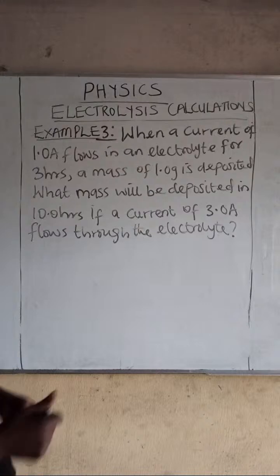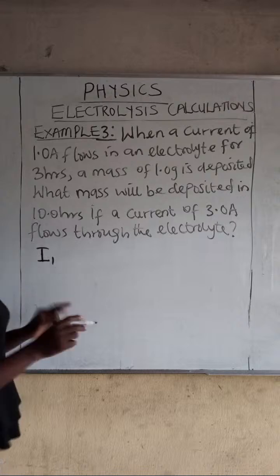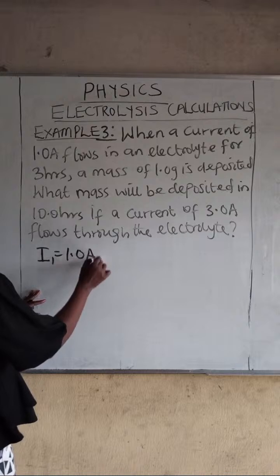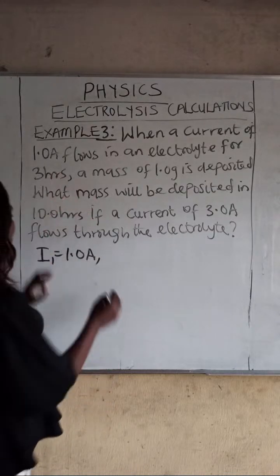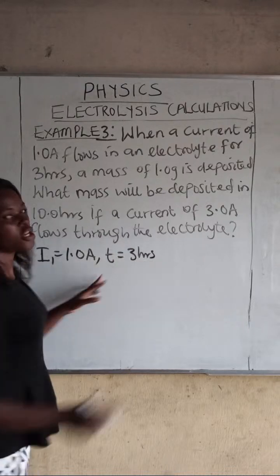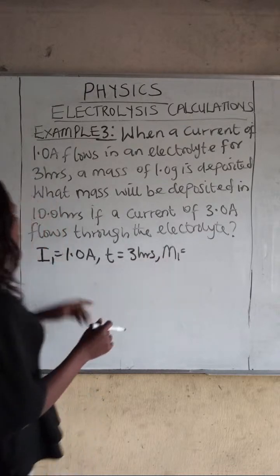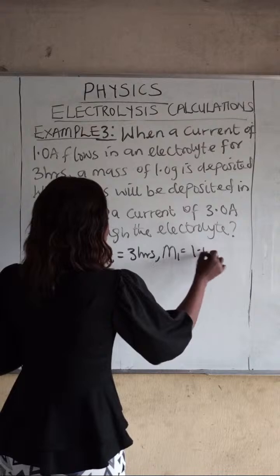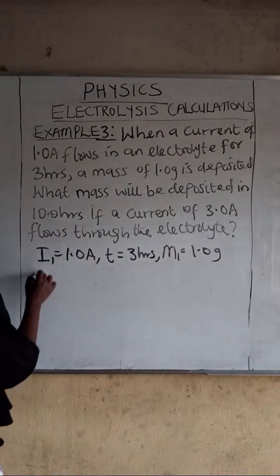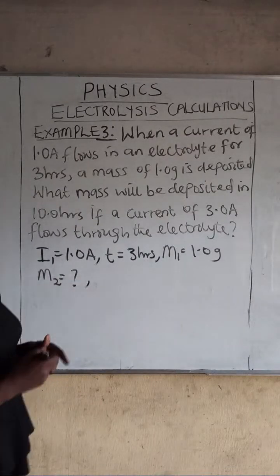So I say the first current I1 is 1.0 amperes, the first time is 3 hours, and my first mass is 1.0 gram. I'm looking for the second mass, M2.